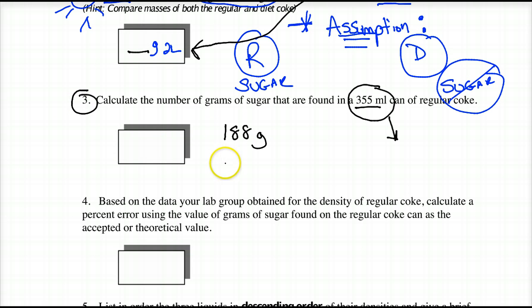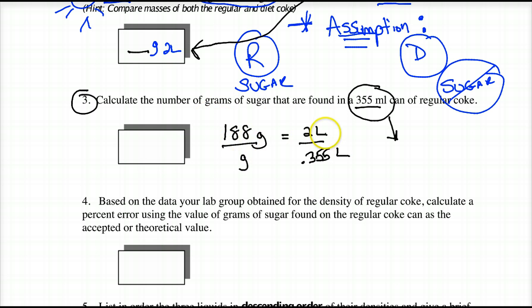Guess what I do? Well, this is 188 in 2 liters of Coke, right? And I want how many grams in 0.355 liters, right? This is what we call the proportion. I don't normally do proportions, but that's what we're going to do.